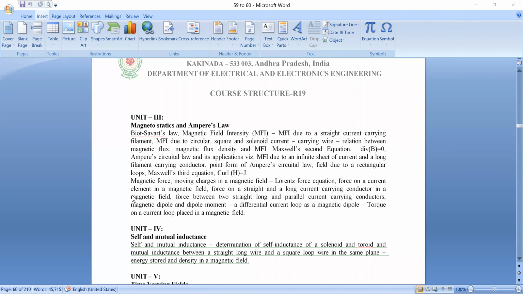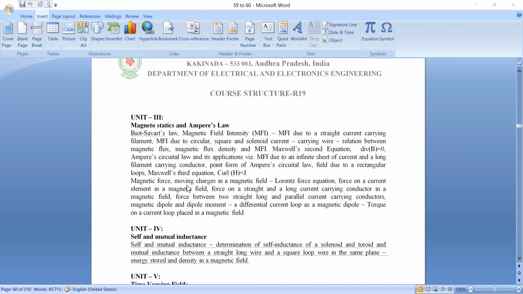And also here we discuss the magnetic force, that means the force acting on a moving charge in a magnetic field. How the force acts upon a moving charge, that means here two fields are applied on the charges.